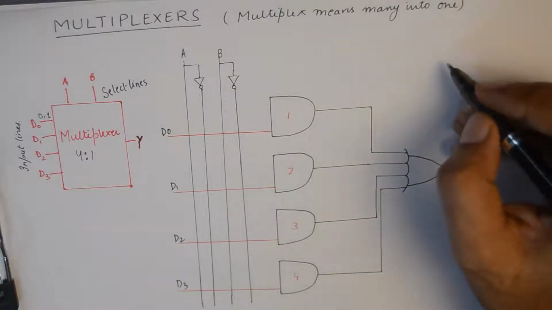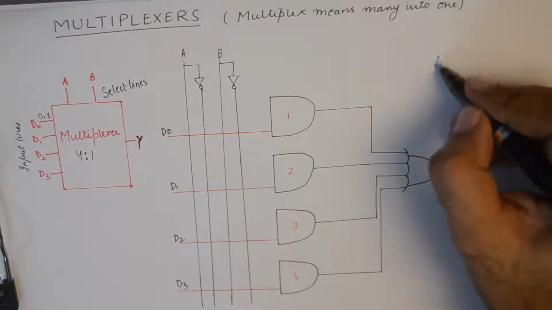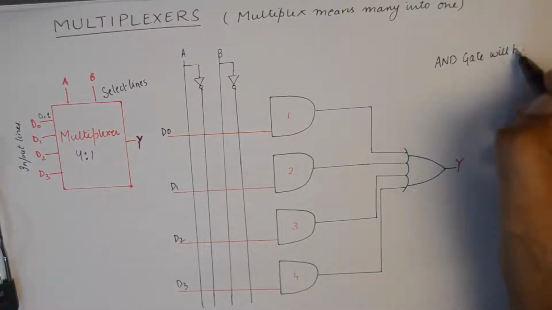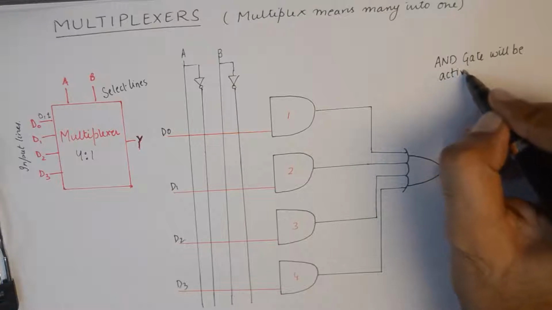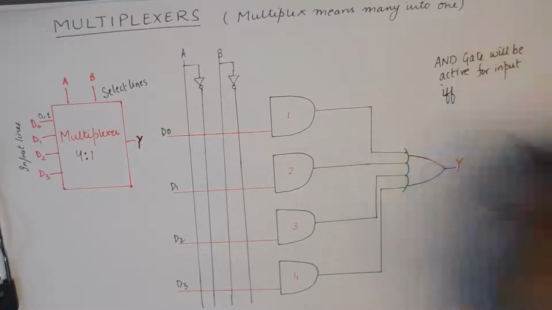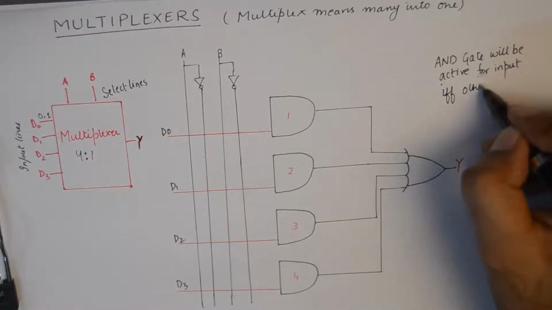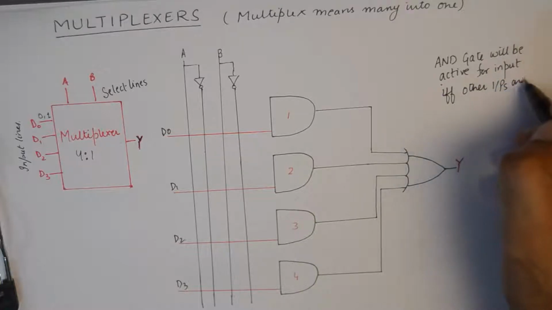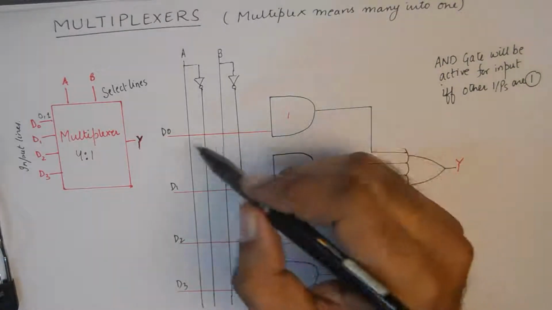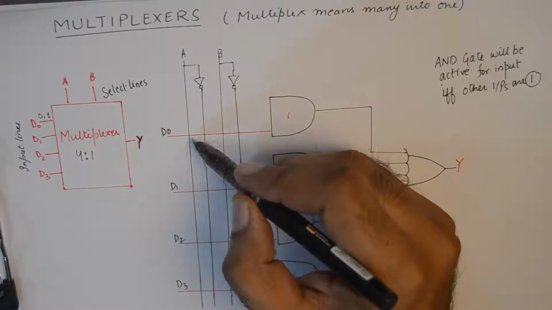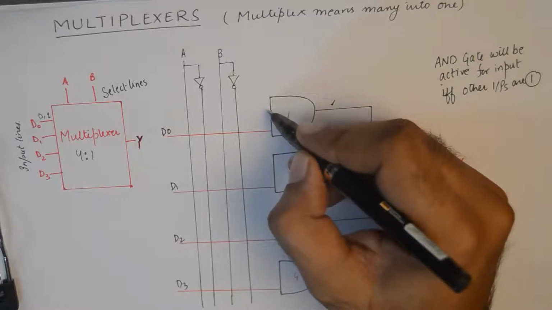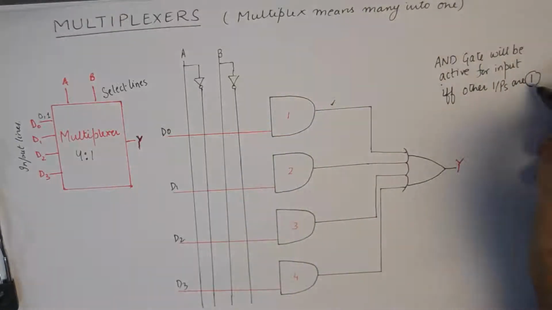Now we'll need to manipulate the property of the AND gate: an AND gate will be active for the input if and only if other inputs are 1. So this AND gate would forward this D0 line at the output only and only if the other inputs that will connect here are 1.